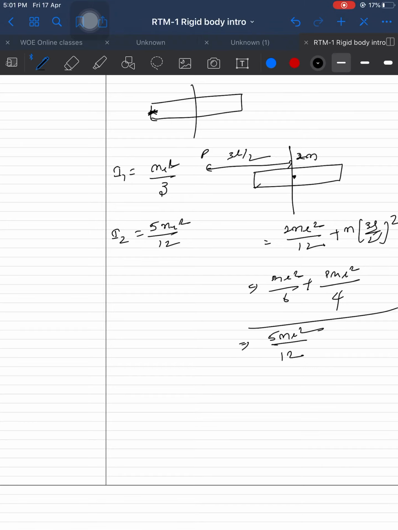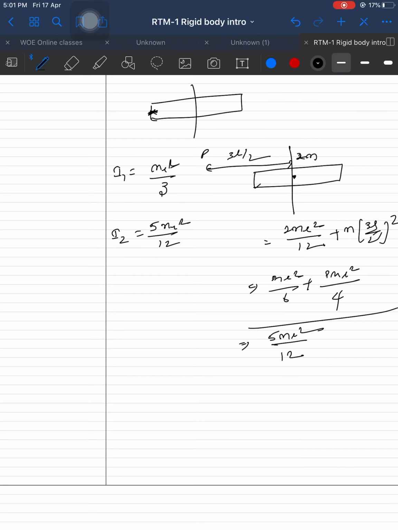Oh wait, it's not 12, 9 is also there, and I is equal to 4, so 4 times 3 is 27, 27 plus 2, 29 ml square by 12.